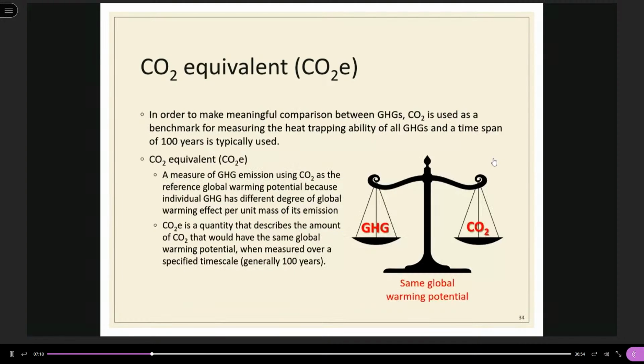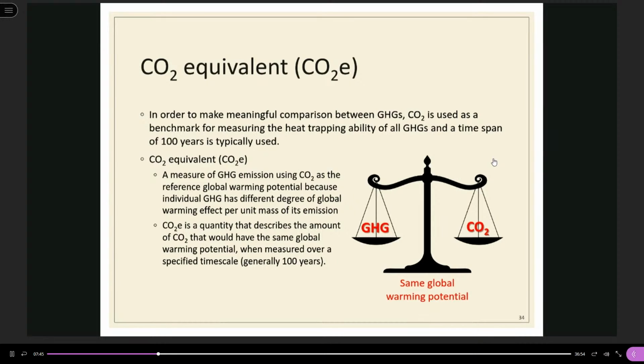In order to make a meaningful comparison between greenhouse gases, carbon dioxide is used as a benchmark. A benchmark is like an indicator for measuring the heat trapping ability of all greenhouse gases, and a time span of 100 years is typically used.